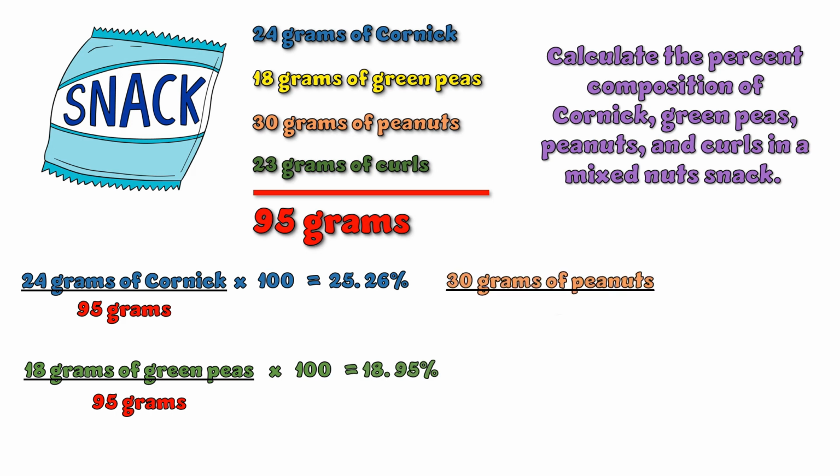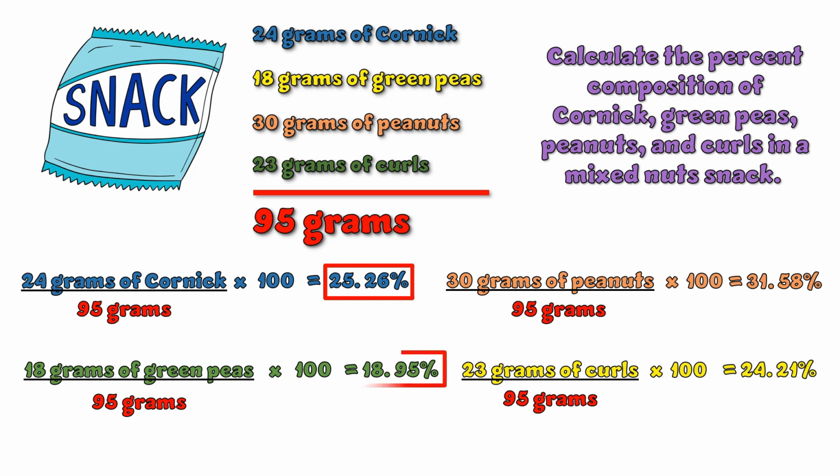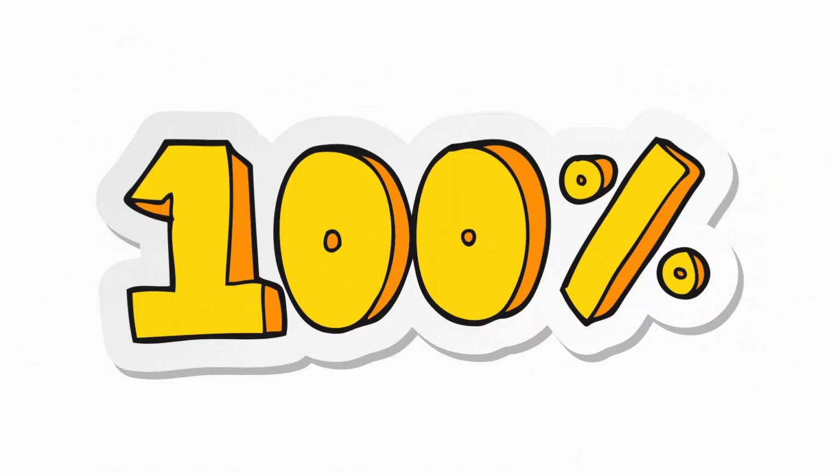Then, we have 30 grams of peanuts divided by 95 grams times 100 is equal to 31.58%. Finally, we have 23 grams of kernels divided by 95 grams times 100 is equal to 24.21%. If we add 25.26, 18.95, 31.58, and 24.21, the sum is 100%.